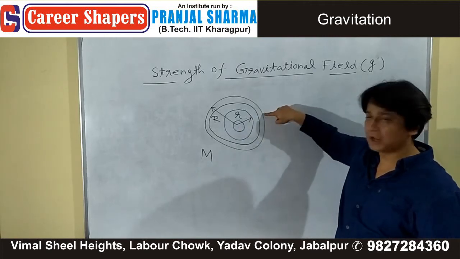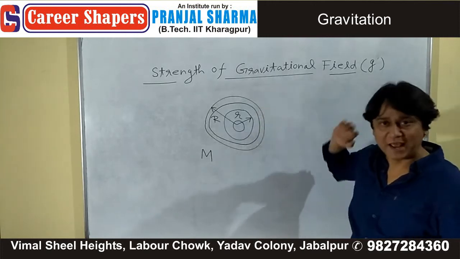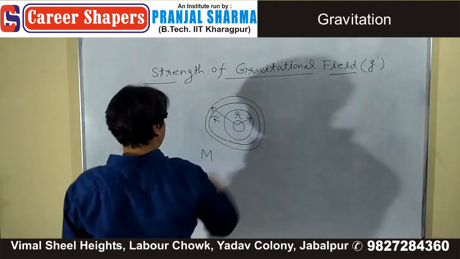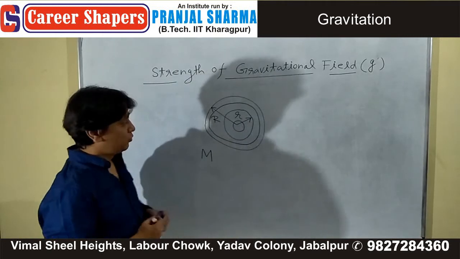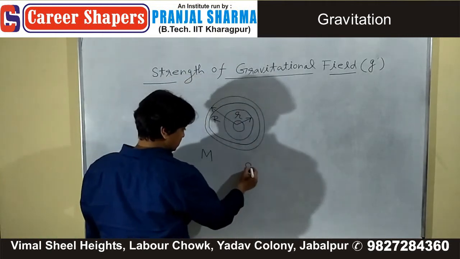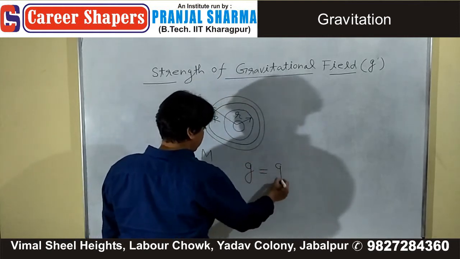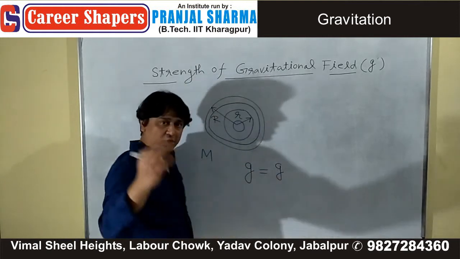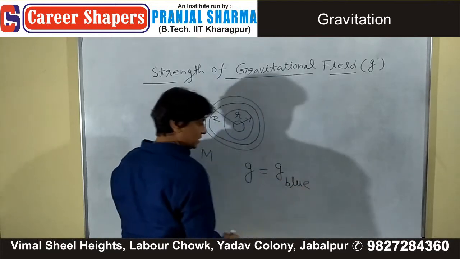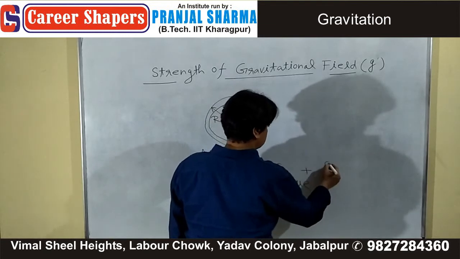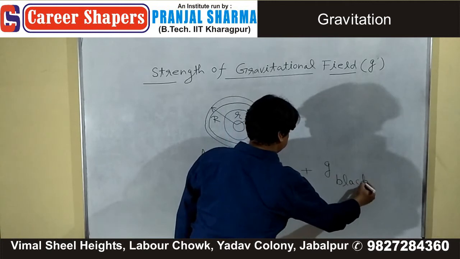Same is with the other black shell and all the black shells which are outside of the point where we need gravitational strength. That means what we are saying is something like this. G is, just for your understanding, G due to blue shells plus G due to black shells.